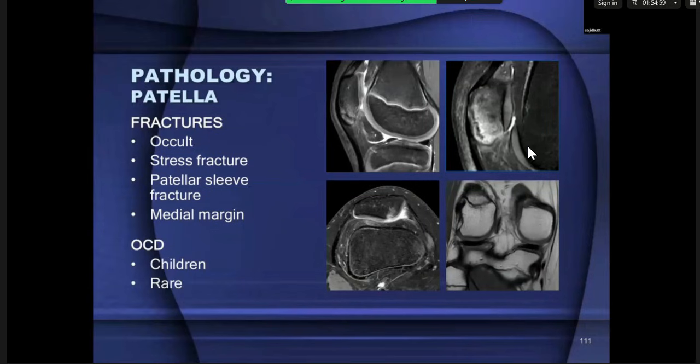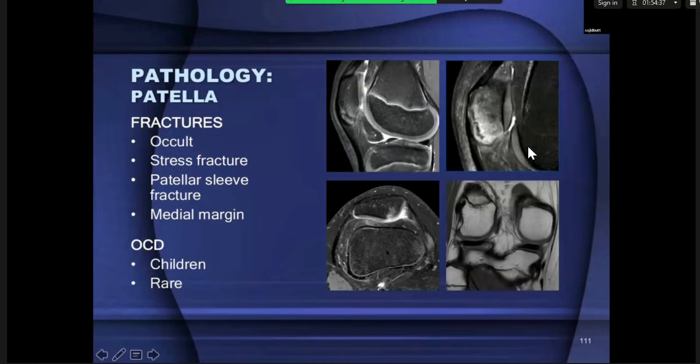The patella can get fractures, it can get avulsion injuries from the attachment of the ligamentum patellae, it can get stress fractures. This is the sleeve avulsion fracture at the lower end. You can get acute fractures, you can get chondromalacia and subchondral bone marrow edema.